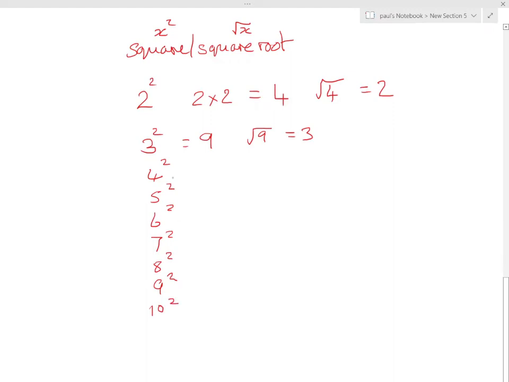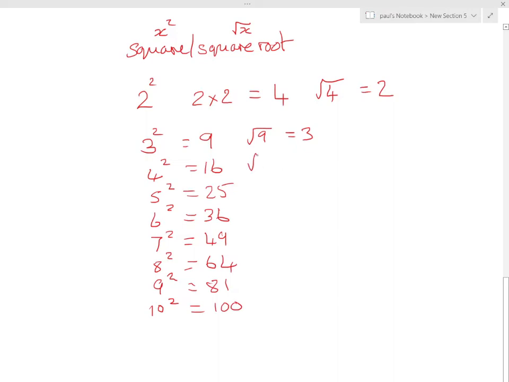So 4 squared is 16, 5 squared is 25, 6 squared is 36, 7 squared 49, 8 squared 64, 9 squared 81, 10 squared 100.